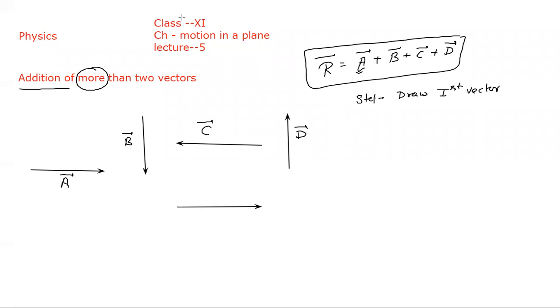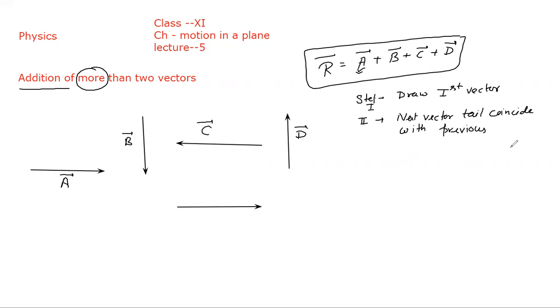Now step two. What is step two? The next vector's tail coincides with the previous head.